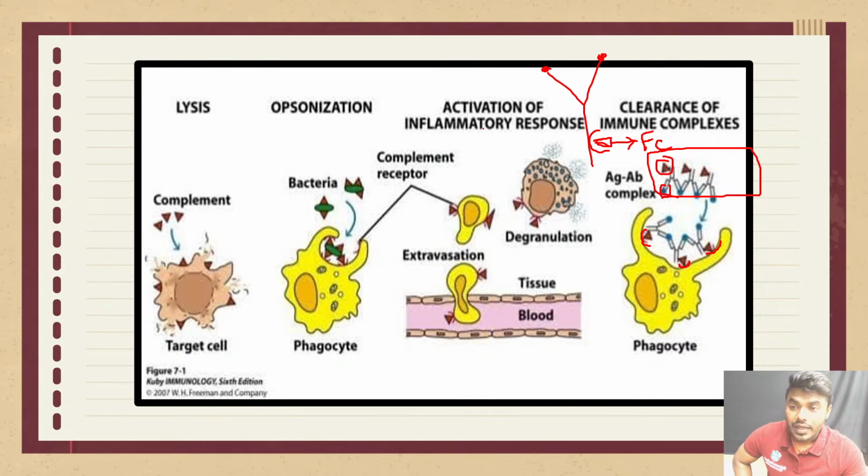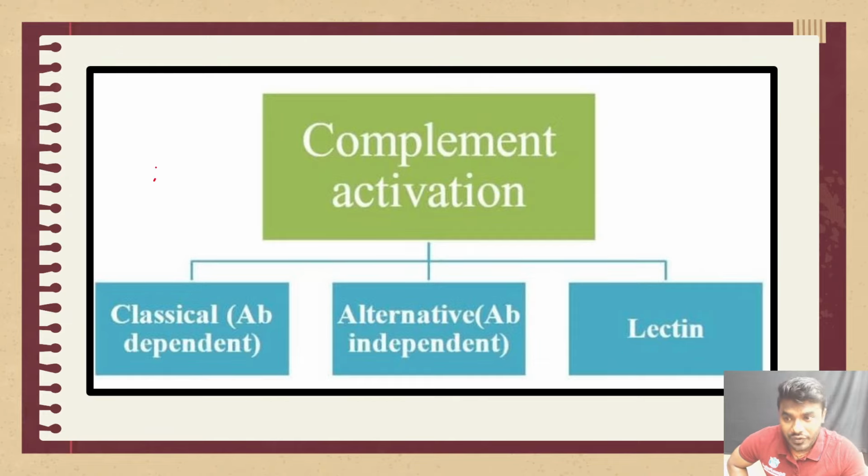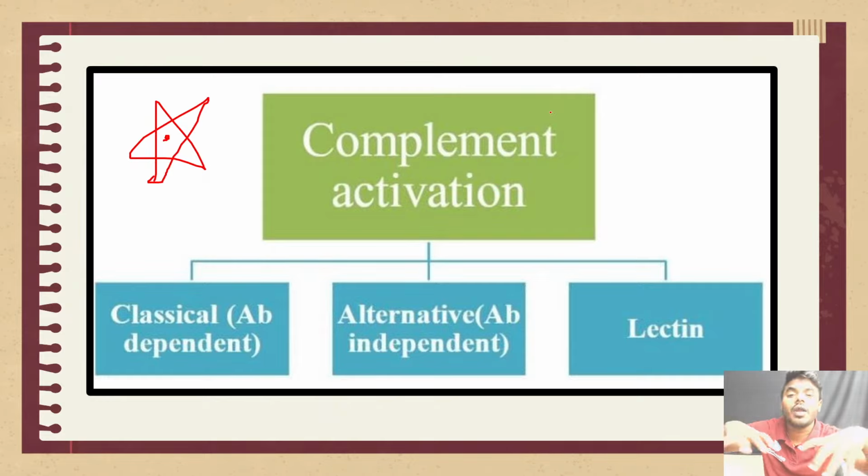Now friends, these are all the different functions performed by the complement system. Now from here I want you to listen to every single step very elaborately. Trust me, if you miss one step, you can't understand the next step because they are all interconnected. Let me explain elaborately. There are three types of complement systems: classical, alternative, lectin.